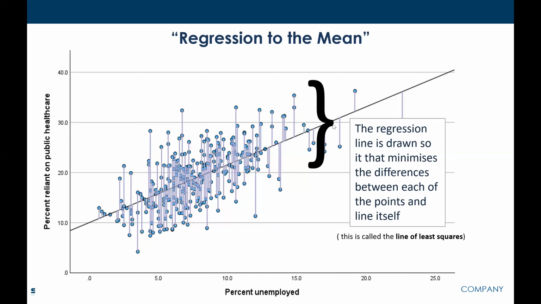The reason why it's called least squares is because, as you can see, there are the deviations between the individual counties and the overall average. Some of them are positive, some of them are above average, some of them are below average. And if we were to add them all up in such a way that we were trying to draw a line that minimized the difference, if we add them all up, the positives and the negatives would cancel each other out.